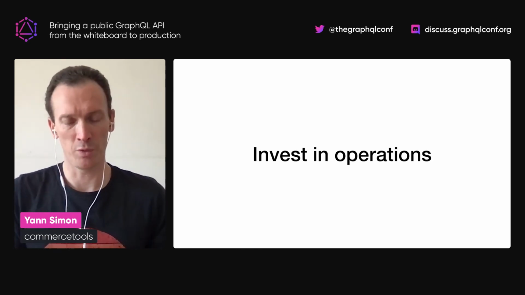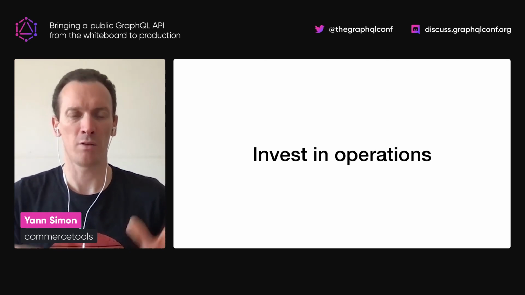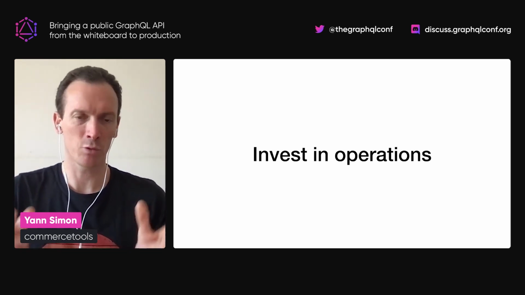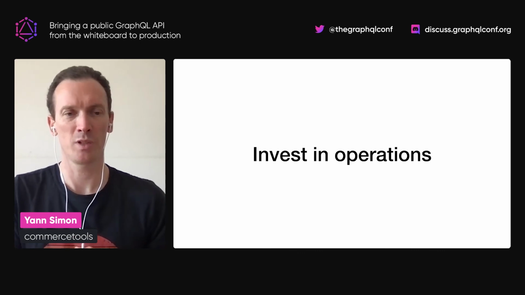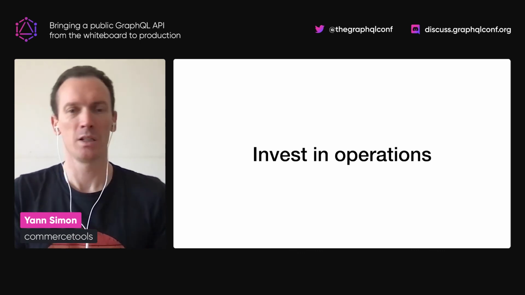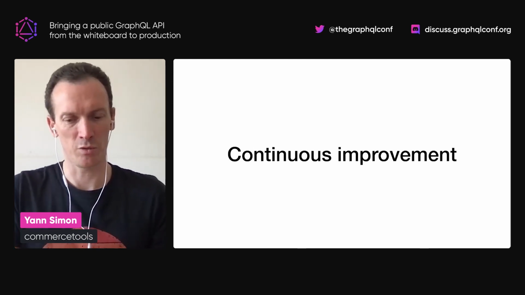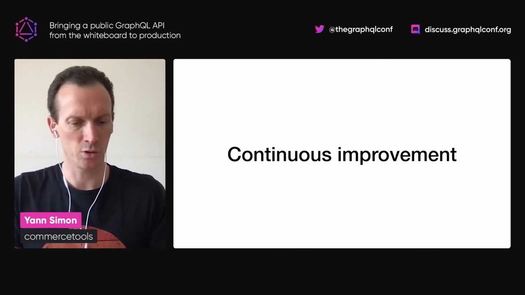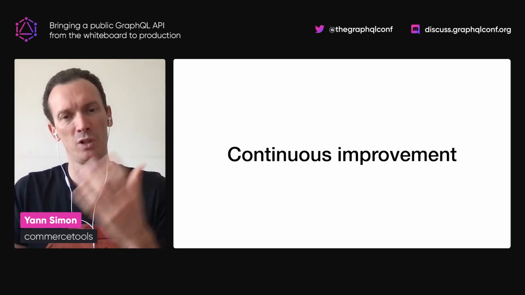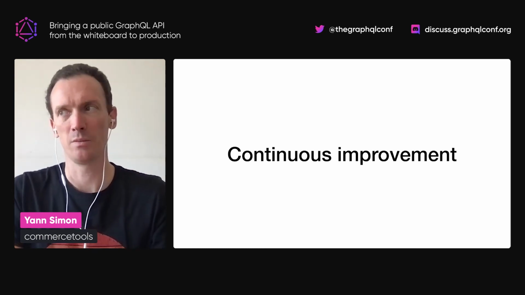We have invested in operations to have a lot of information live about what is going on in production, to be able to quickly resolve any issues. And this is a continuous improvement. Based on issues, based on what we can observe, we check what we can make better.